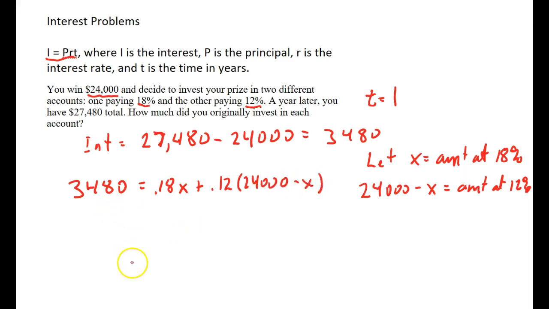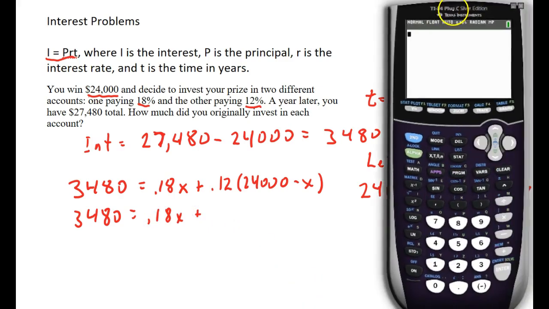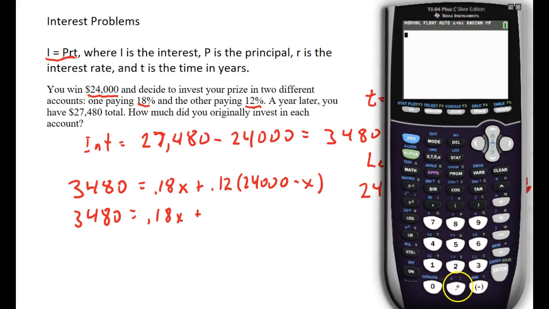Okay, so I've got 3,480 equals 0.18x plus, and let's get our calculator up here. There we go. 0.12 times 24,000 is 2,880 minus 0.12x.